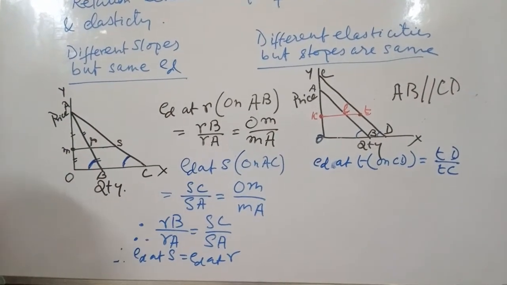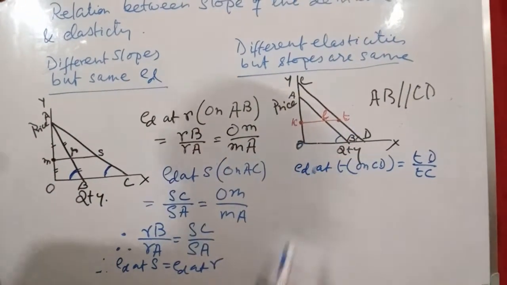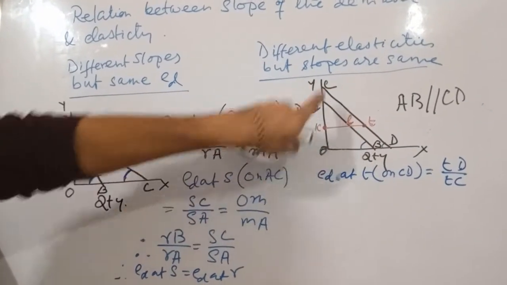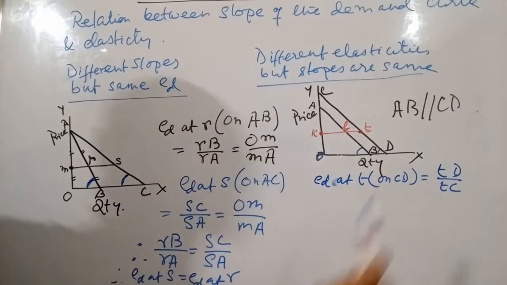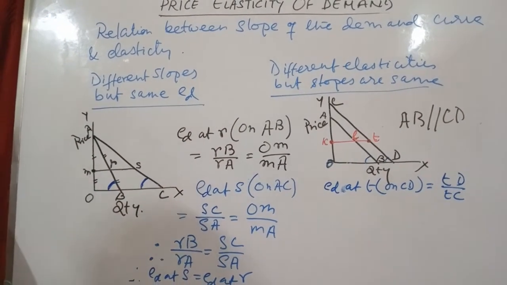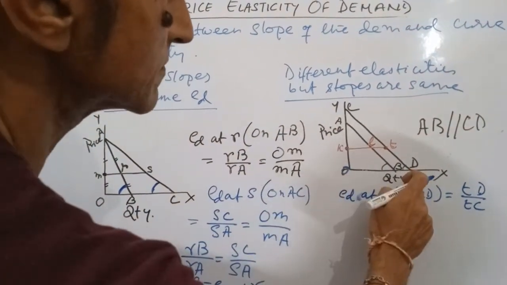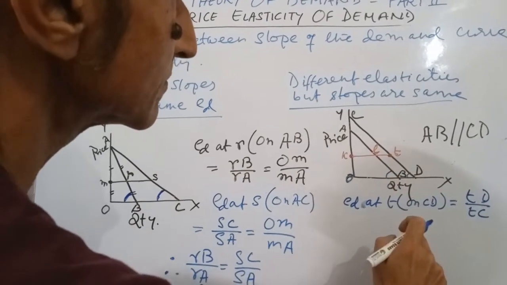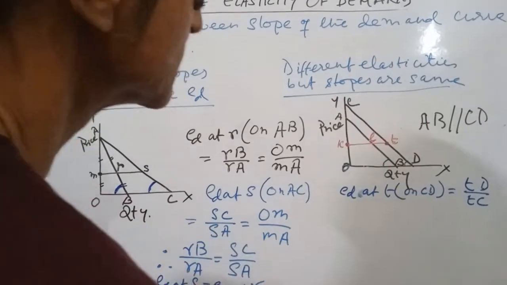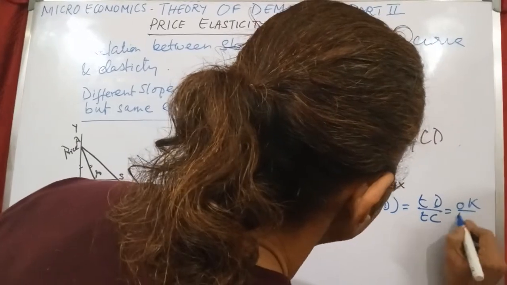Now in this triangle COD, which is a right angle triangle, TD by TC equals OK by KC.